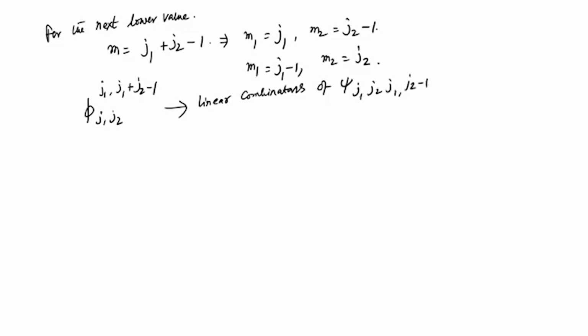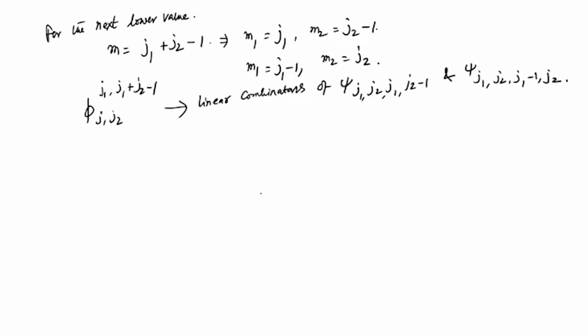I am forgetting to give these commas, but you can give these commas, and psi J1 J2 J1 minus 1 and J2 and so on. Okay. So, these are the linear combinations, so there are going to be two Clebsch-Gordan coefficients which have to be found. We will give an example of that.